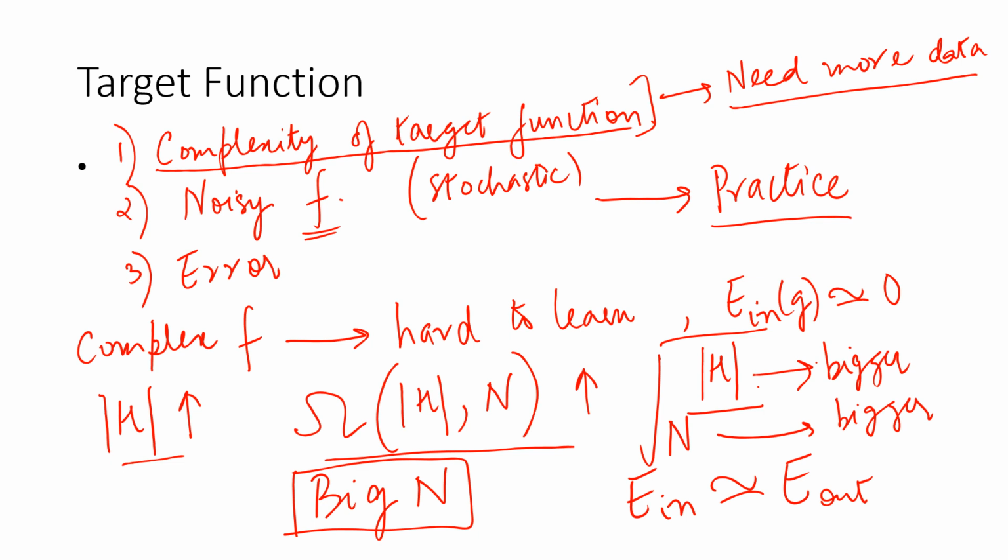What if we have a noisy target function? As I said, measurement errors. For example, I have this credit card approval process. I have the exact same data for two different customers, but one was approved and one was declined. So that could have been there. That's what a noisy target does.